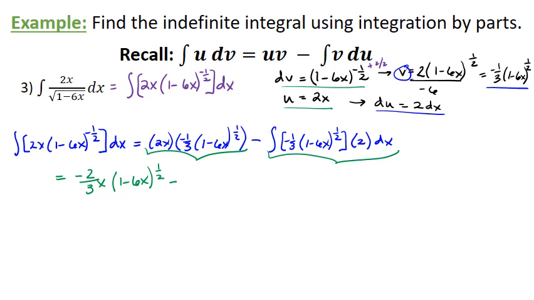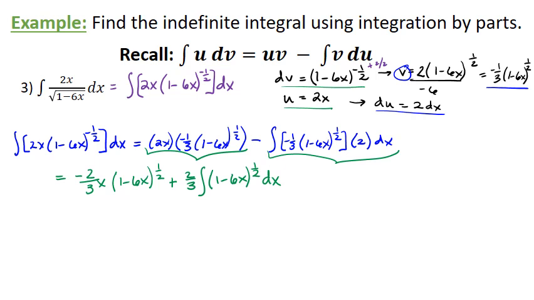When I simplify this, the 2 and the 1/3 gives me a positive 2/3 on the outside, times the integral of 1 minus 6x to the 1/2 dx.